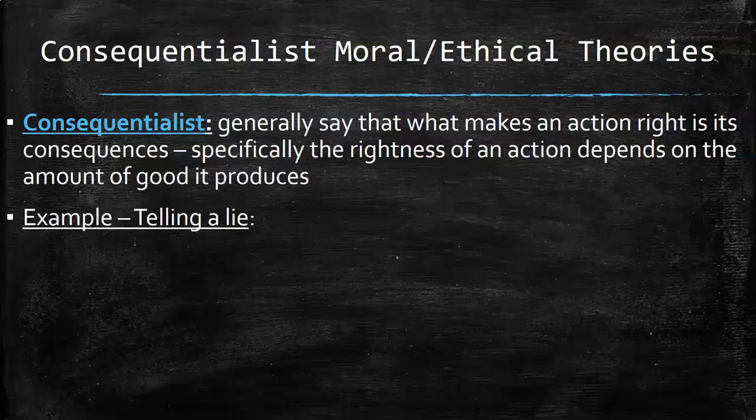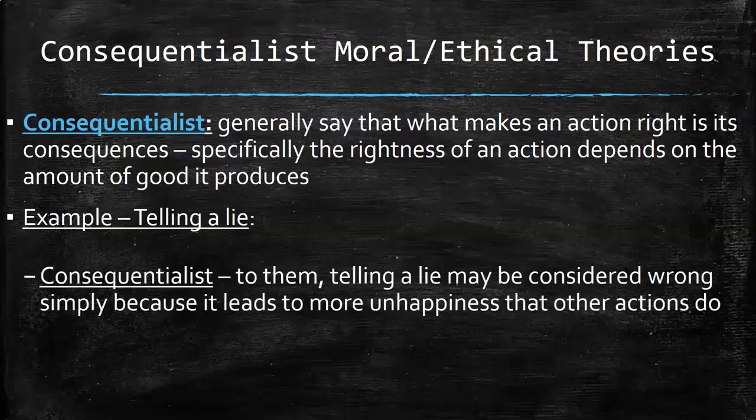So, an example of a consequentialist: they're going to say telling a lie is not always either good or bad. It's going to depend on the situation and what the outcome is. To consequentialists, telling a lie is considered wrong only if it leads to more unhappiness than other options. An example would be telling a white lie to protect a friend's or family member's feelings.